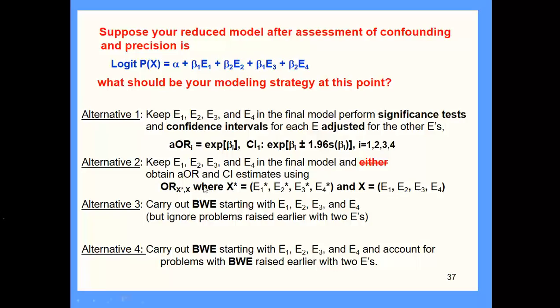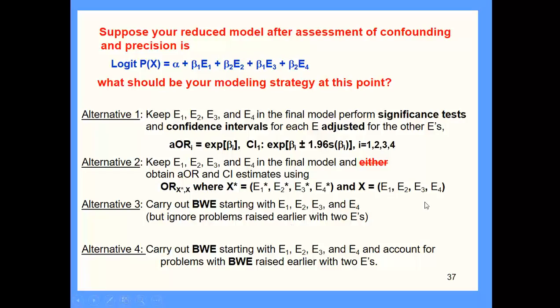Alternative 2 says, again, stop with this model, but then consider the joint effect of these 4 E's together rather than their separate effects. To do that, I'd have to consider a way of specifying the 4 E's one way and a way of specifying the 4 E's another way.